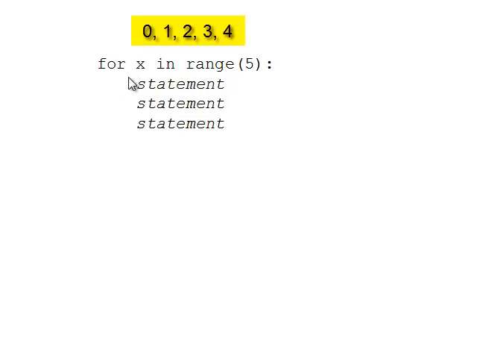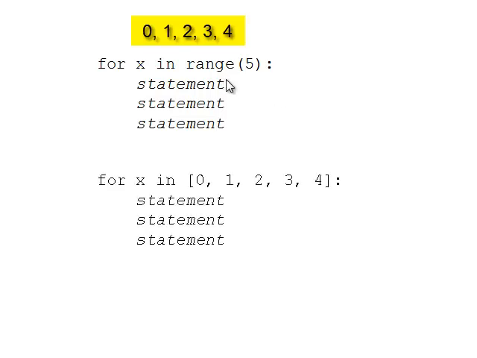So when this loop executes, since there will be 5 values in the sequence, this loop will execute 5 times, and the variable x will be assigned the values 0, 1, 2, 3, and 4. So in other words, this loop will work just like this loop.